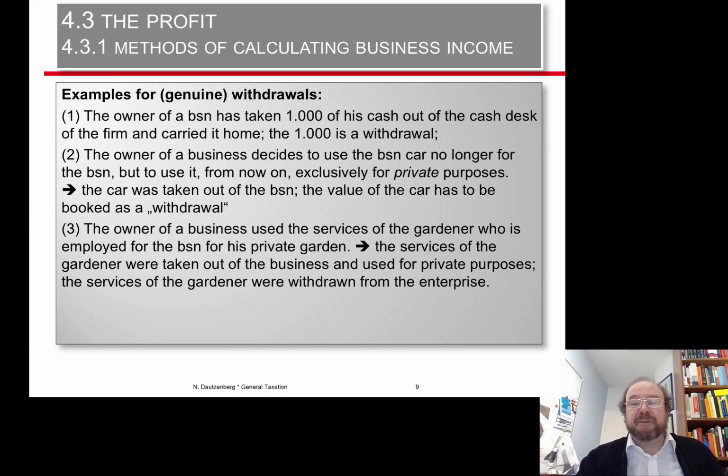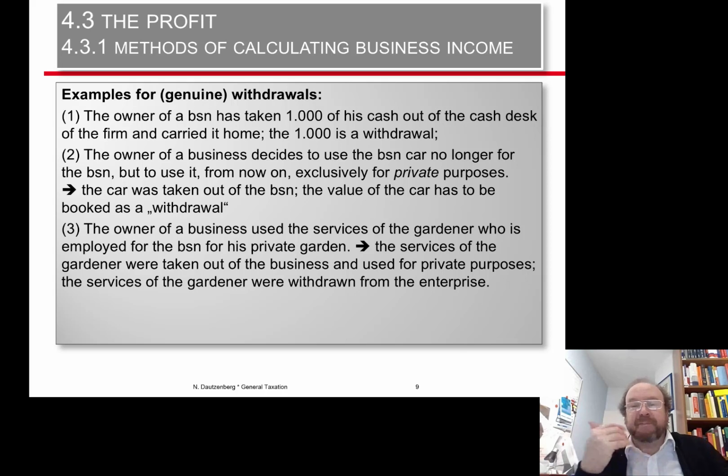So you would have to book the value of the business car at the moment when you withdrew it as a withdrawal. This decrease of property was not caused by the profitability of the enterprise, just by your personal decision to take a bit of the money or increase of property which the enterprise has generated out from the enterprise. So you lowered the net property, but that had nothing to do with the profit.